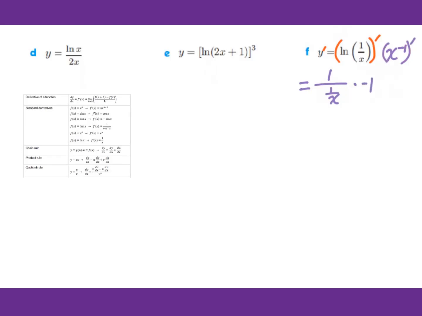That will be negative 1 times 1 over x squared. You will get the x times -1 times 1 over x squared. Reduce. You will get the -1 over x.